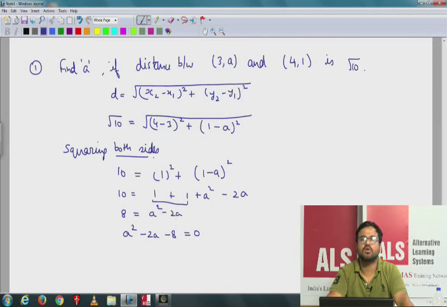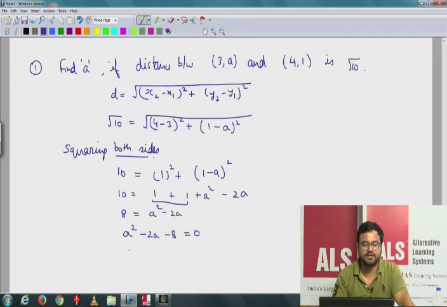So in order to solve the quadratic equation, we have learned 3 methods. One was the quadratic formula, second one was the factorization, third one was completing the square. And if you look closely, this quadratic equation can be solved by factorizing, because we have to do middle term splitting. Basically we have to split this minus 2 into 2 parts such that the product is equal to the product of the leading coefficient and the constant term, which is minus 8, and the sum is equal to minus 2.